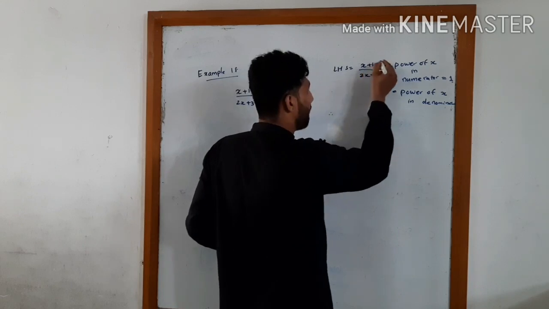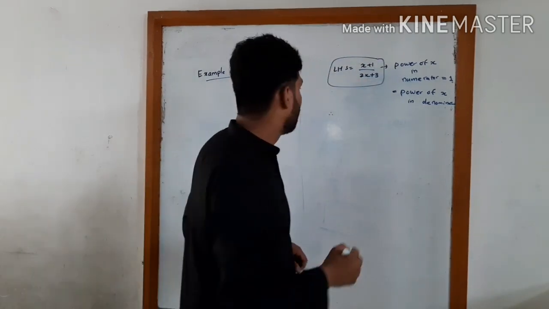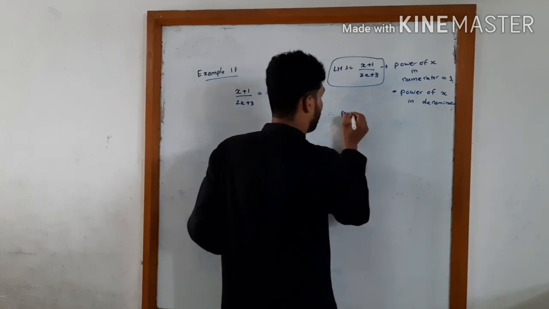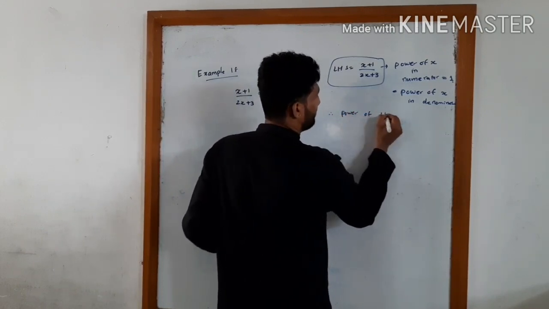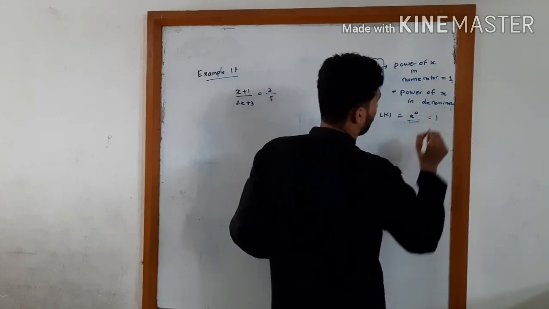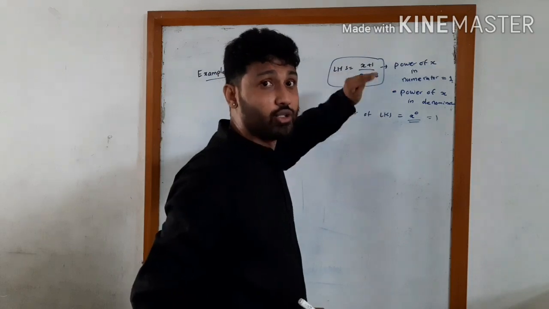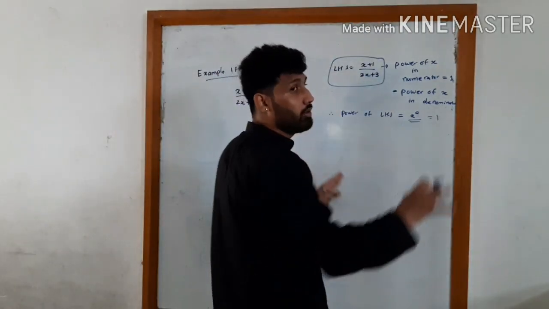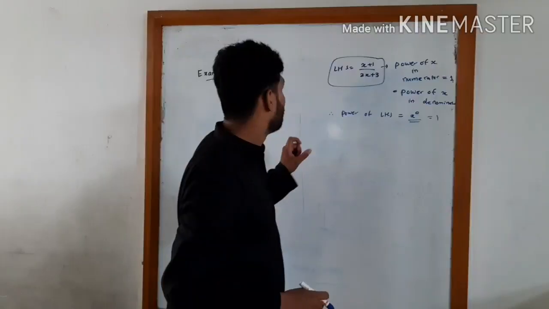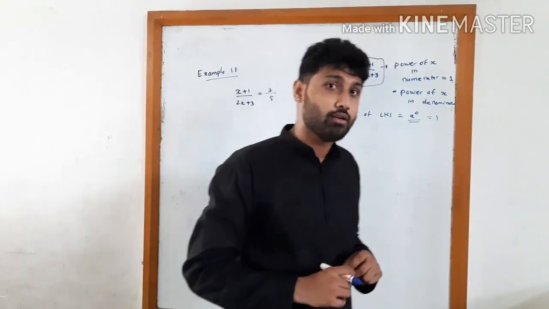Therefore, the power of whole of this is x raised to 0. Power of LHS is x raised to 0, which is 1. So we don't have x raised to 1 here. So this will not be a linear equation. This is not the standard form of a linear equation, right?